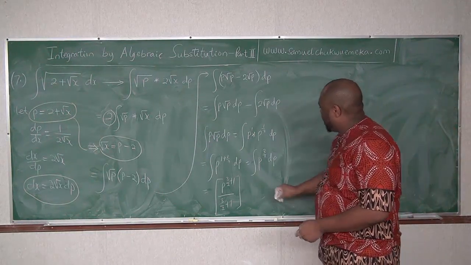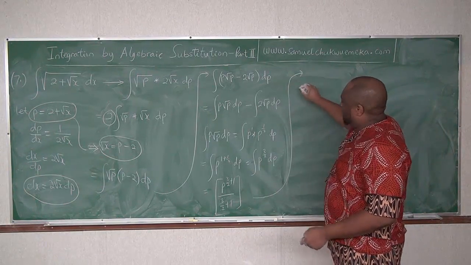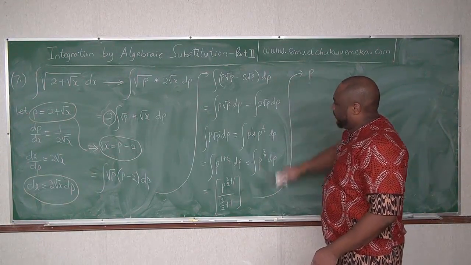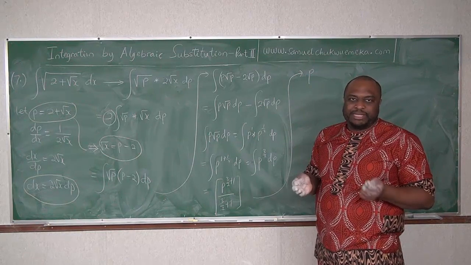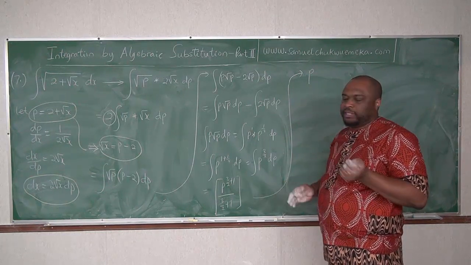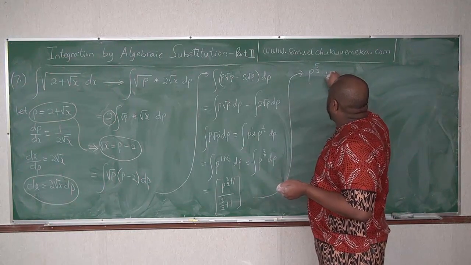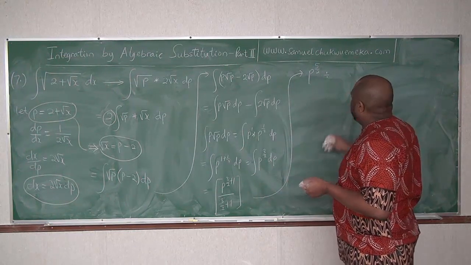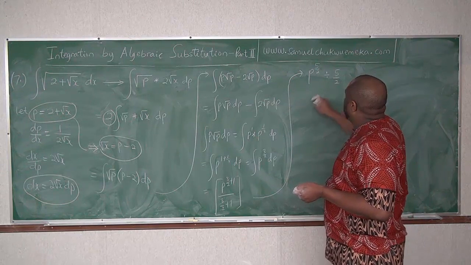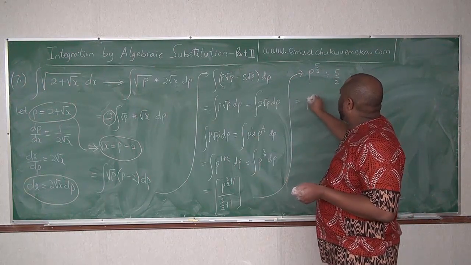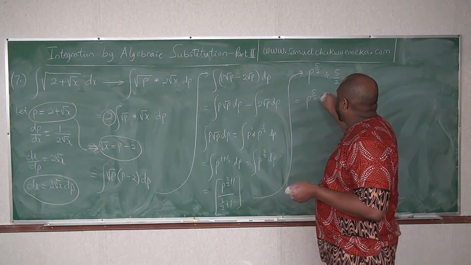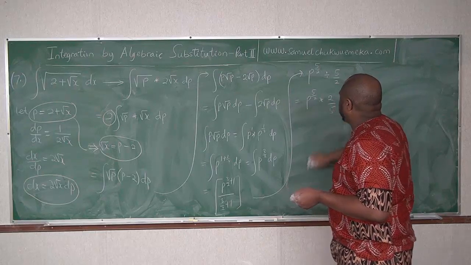So this gives us p exponent 3 over 2 plus 2 over 2 is 5 over 2, since 1 is 2 over 2. Okay, so p exponent 5 over 2 divided by 5 over 2. So this gives us p exponent 5 over 2 times 2 over 5.